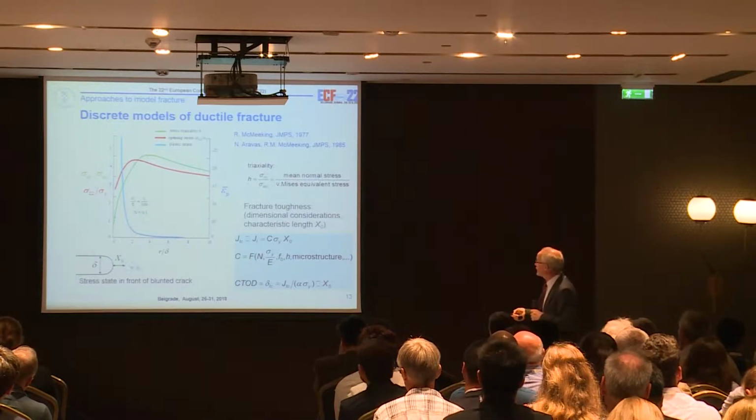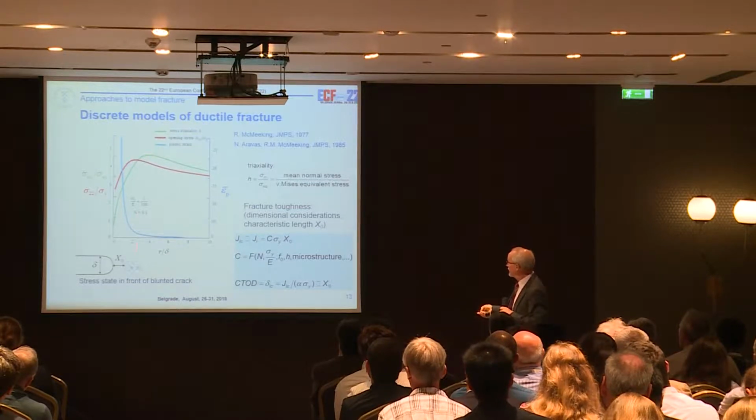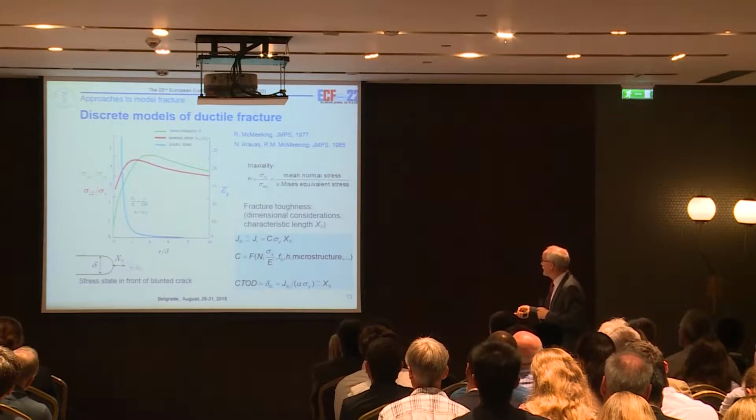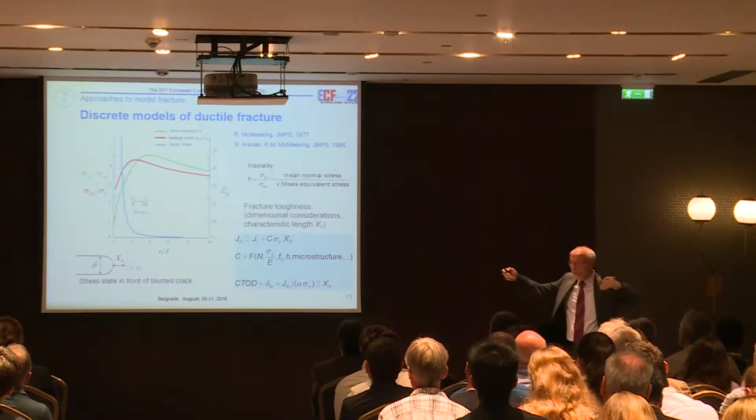So we know opening stresses go like this. They have a peak at about this distance to delta, and the strains go up to infinity, and the triaxiality has a maximum, which drives this void growth.